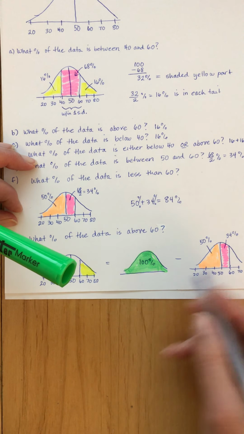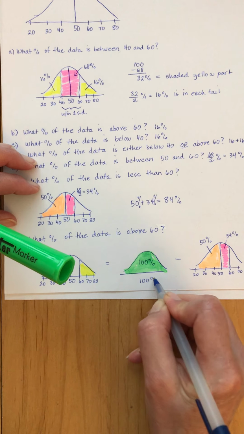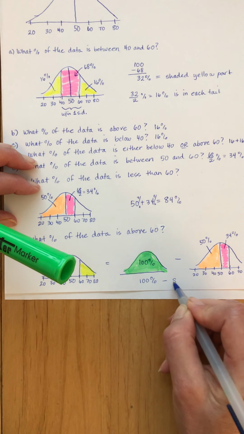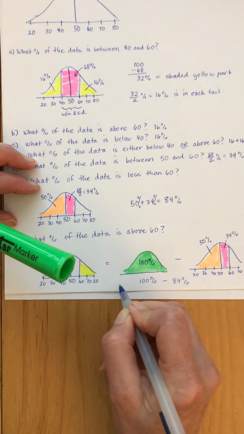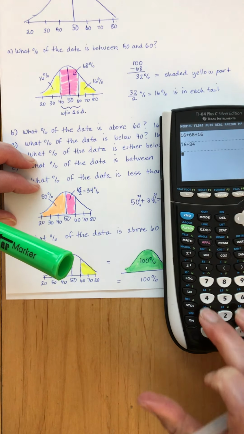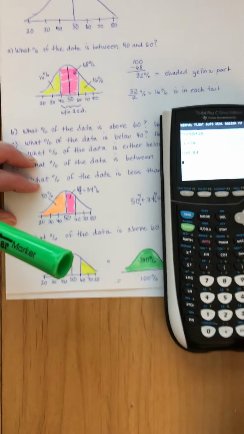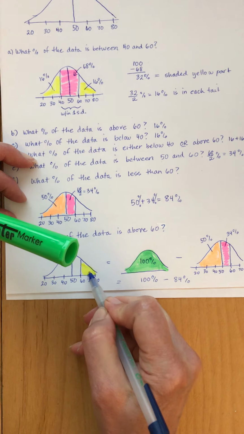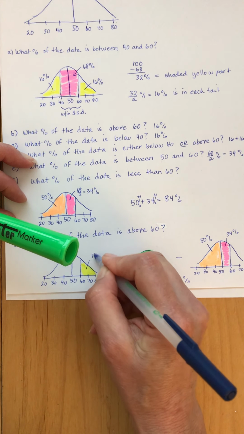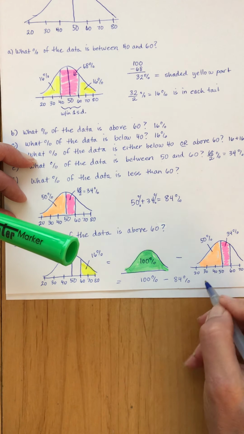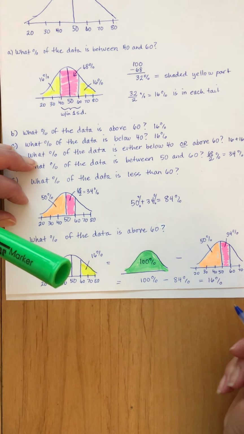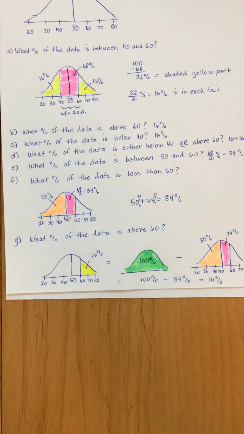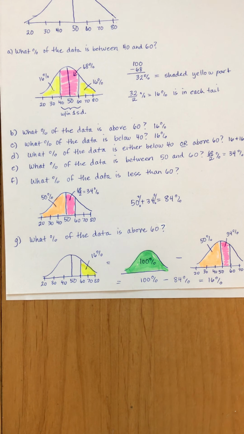So we've got to subtract that: 100% minus 84%. If you do that on the calculator, 100 minus 84 is 16. Isn't that what we said this was before? 16. So there are many different ways to do these problems. You just have to draw the picture, shade, and figure out what pieces you have.